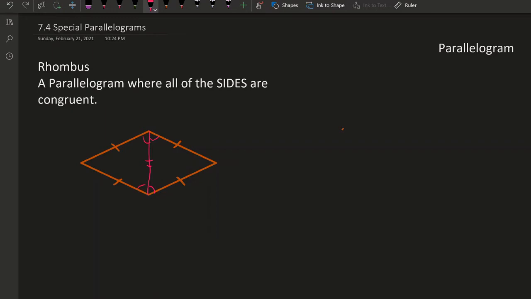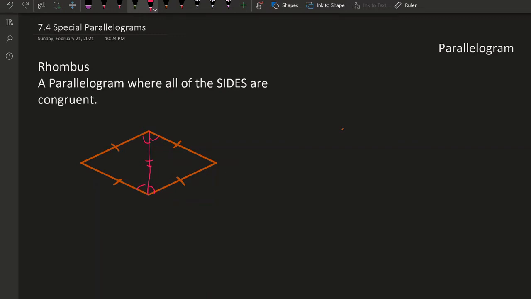So this diagonal cuts straight down the middle, and it creates these four congruent angles. So what we have here is a line that splits an angle exactly in half, which we call a bisector. That pink line is an angle bisector.